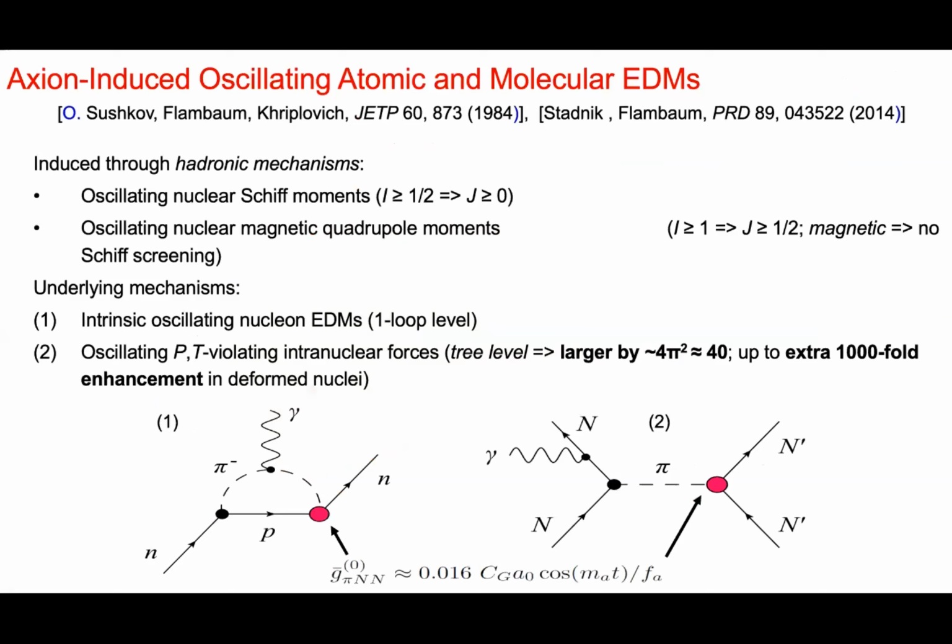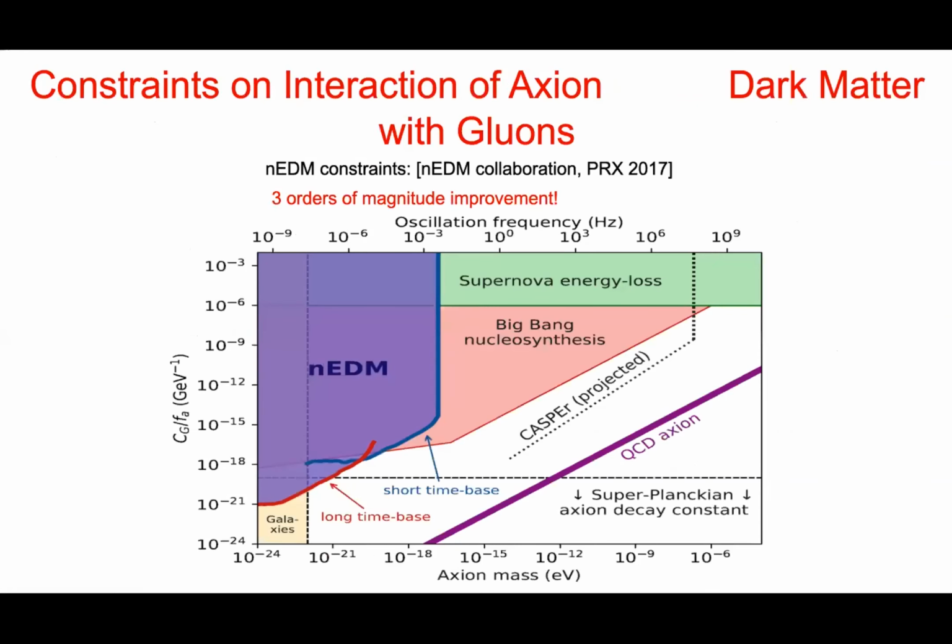This is about the oscillating electric dipole moment, which is also measured in different experiments, and these are results of different collaborations. So there is a significant improvement in the interaction of axions with gluons or nucleons.